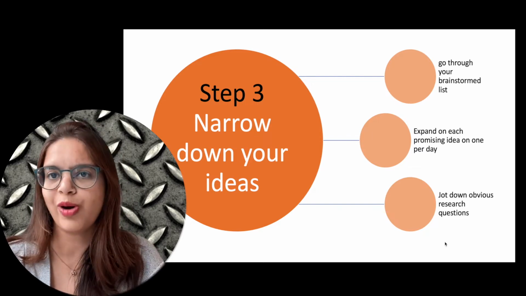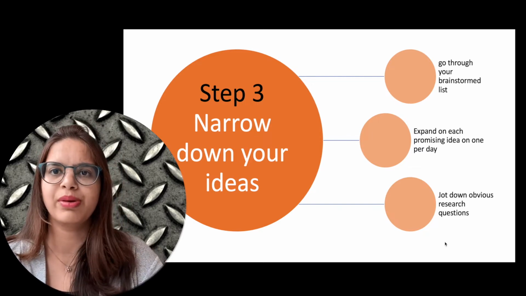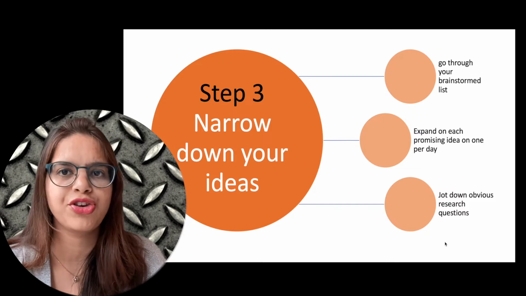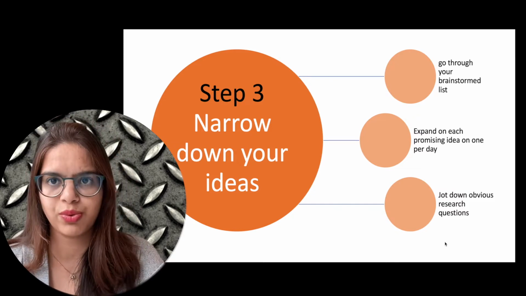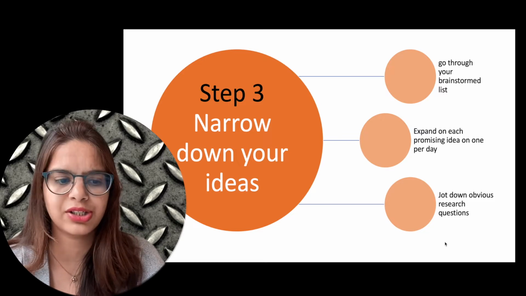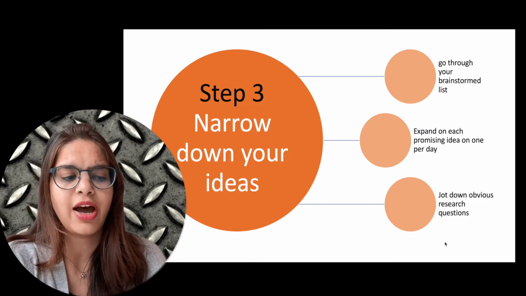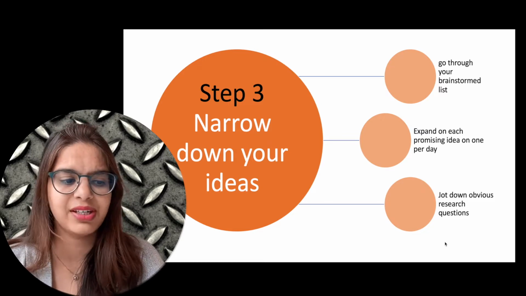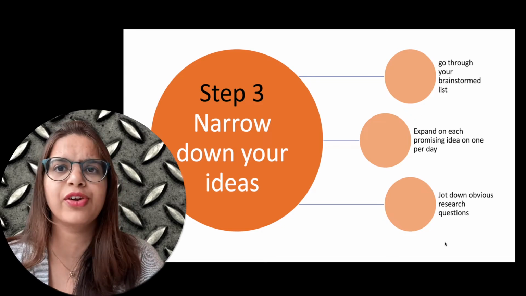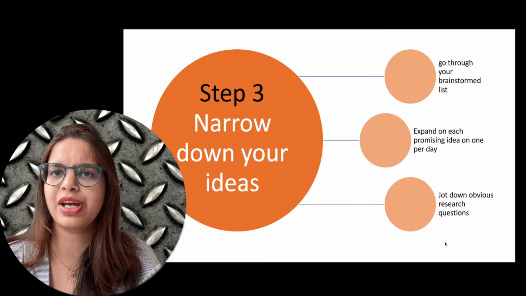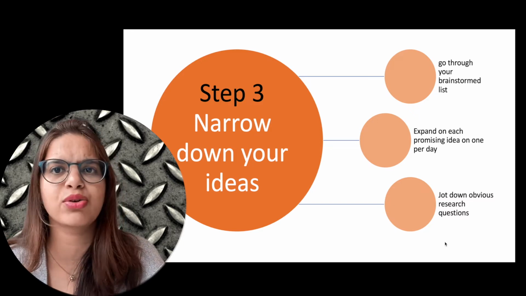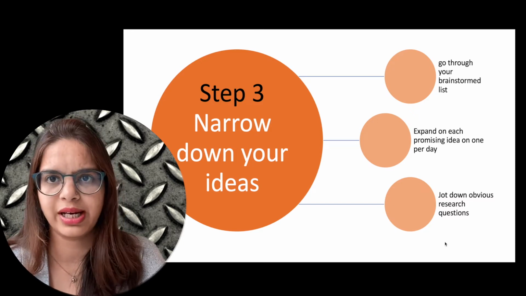Just work on one idea per day and try to highlight all the key points related to that idea. In this, jot down all the research questions, research knowledge, ideas, experiments, how to gather the empirical evidence, hypothesis, etc. Whatever you require to implement that particular idea, just make a list of all that related to that idea.